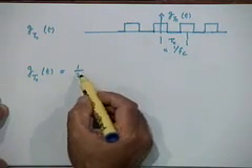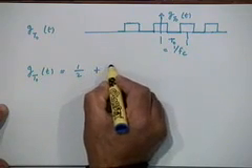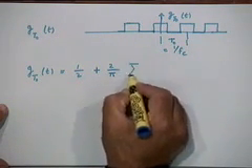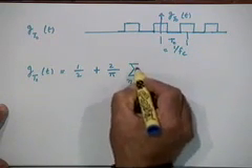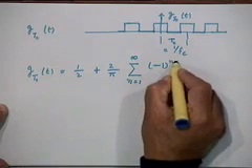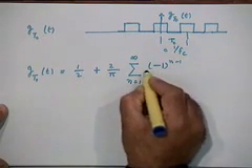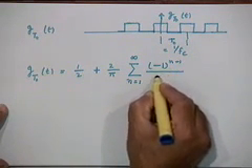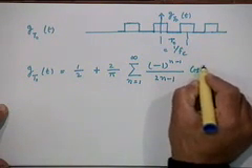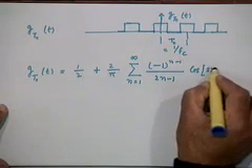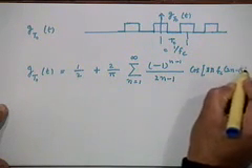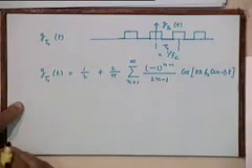So there is a DC component which is equal to half plus 2 by pi. This is the Fourier series which I am not computing here, but which all of you know and can easily compute. These are the coefficients of the Fourier series: minus 1 to the power n minus 1 upon 2n minus 1, and this is a cosine wave of frequency f_c into 2n minus 1, right.